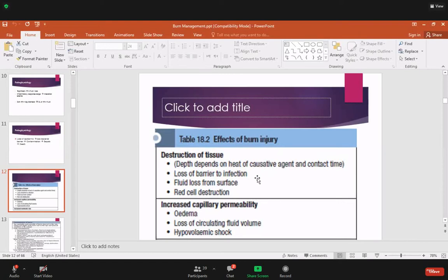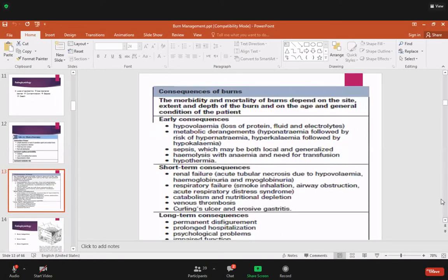There is fluid loss from the surface, and there is red cell destruction, especially in cases of electrical injuries. The increased capillary permeability causes edema and loss of circulating body volume. The patient can go into hypovolemic shock. The morbidity and mortality depend on the site, extent, and depth.